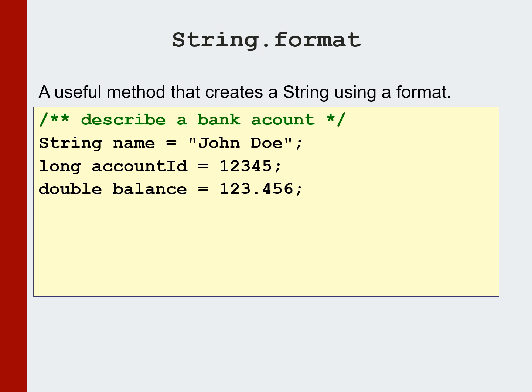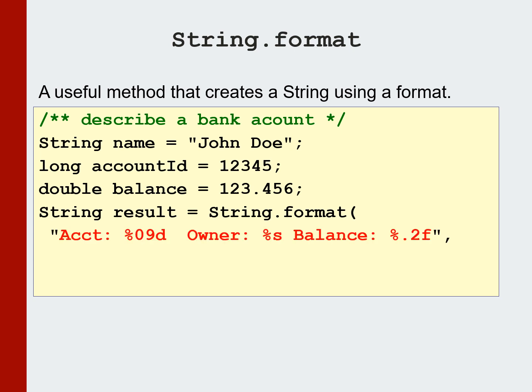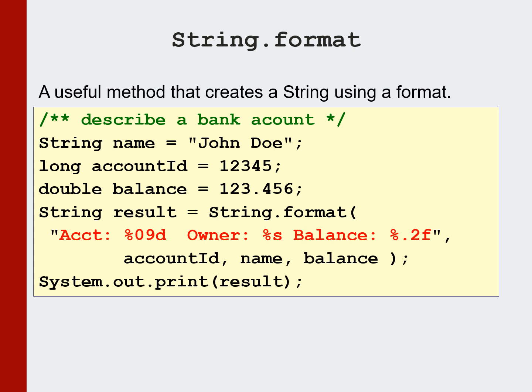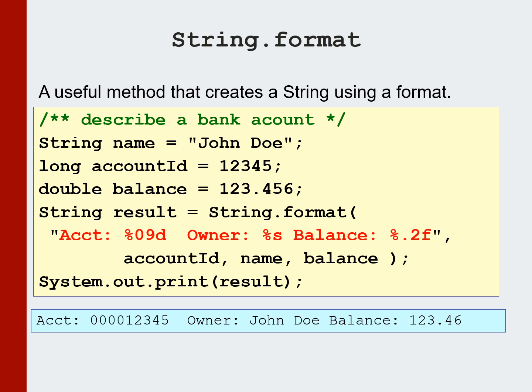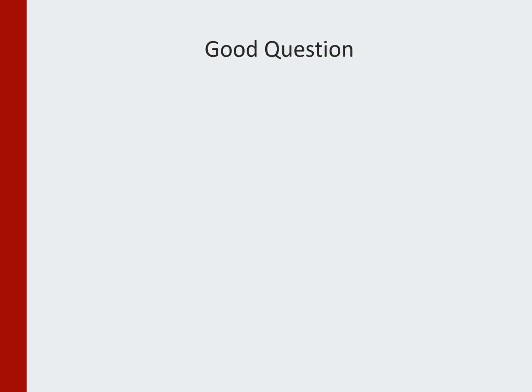Now, instead of just printing this out directly like I did for Taksin Shinawat on the previous slide, I could say String result is equal to String.format, account, and then whatever formatting I want set up like that with the args in order. And now I can actually print or return this amount. And in the end, if you do a System.out.print on just result, you will get the formatting the way that you expect.